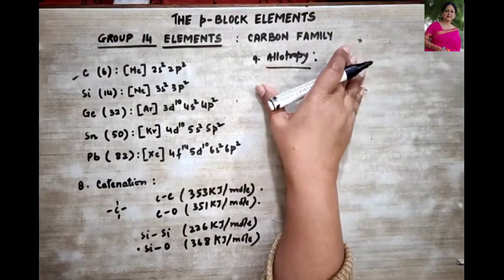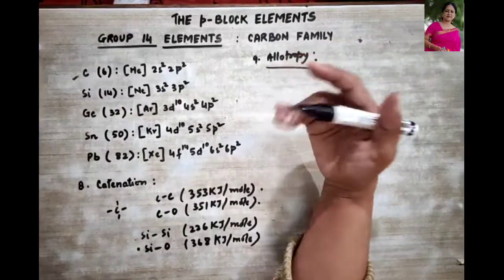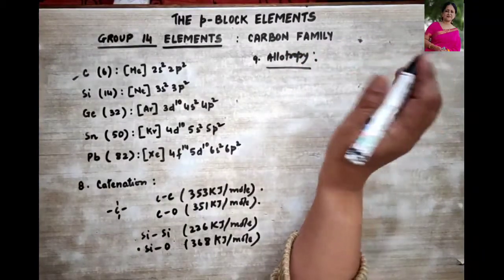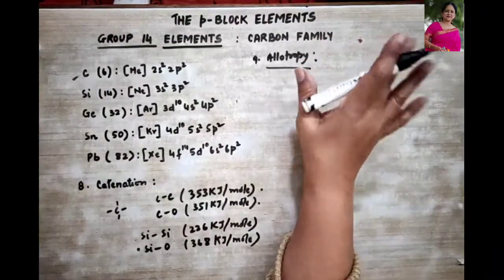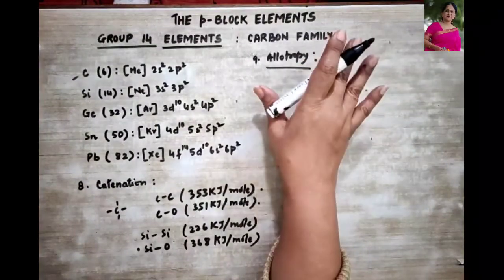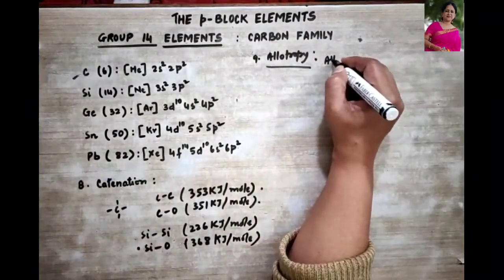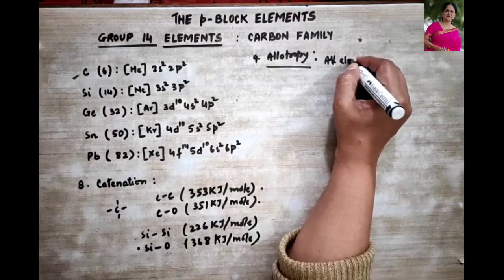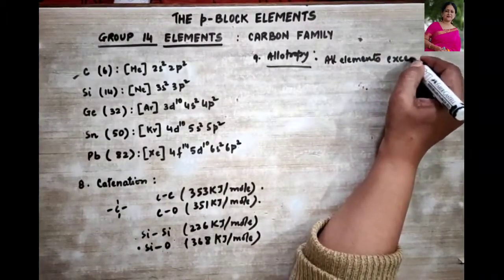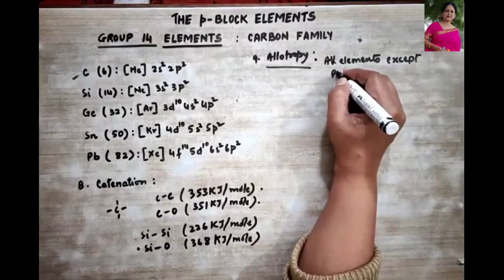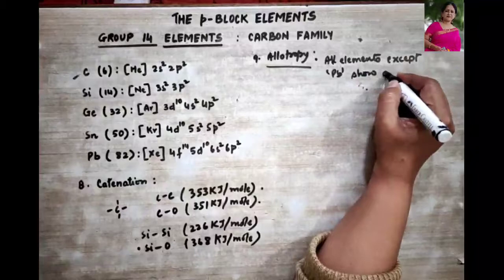It is the property by virtue of which an element may exist in two or more forms which have different physical properties but almost similar chemical properties. So all the elements except lead over here show allotropy.